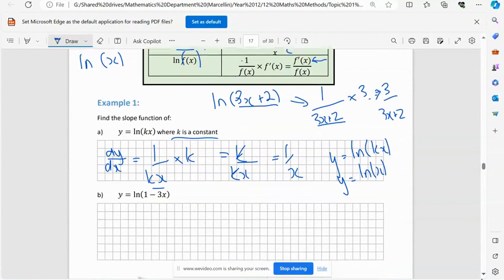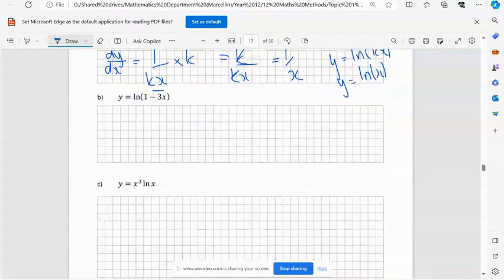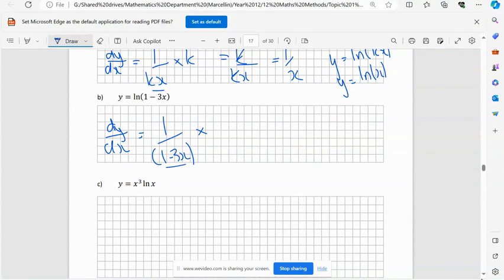All right, let's have a look at this next one. Okay, we've got the derivative of ln 1 take 3x, so dy by dx. So we put 1 over what we've got inside there, okay? And then we times by the derivative of 1 take 3x. The constant will be 0, so we'll just get negative 3 there.